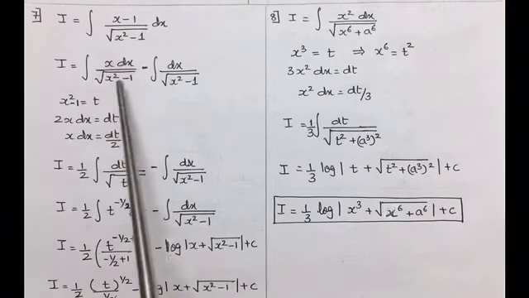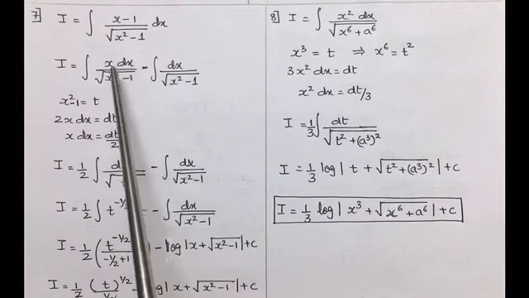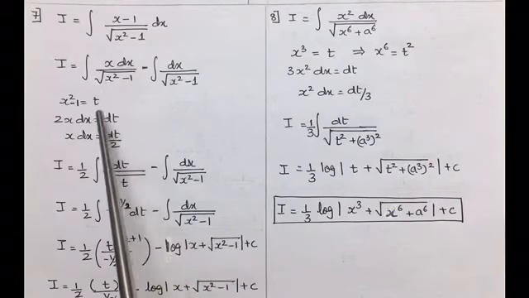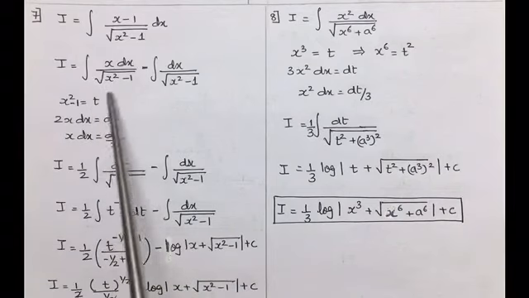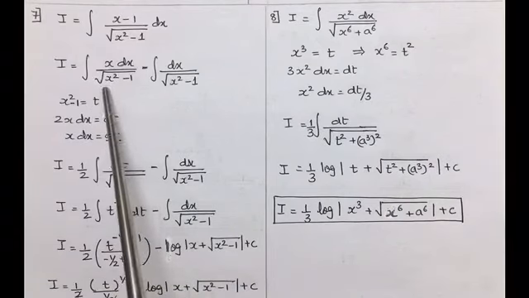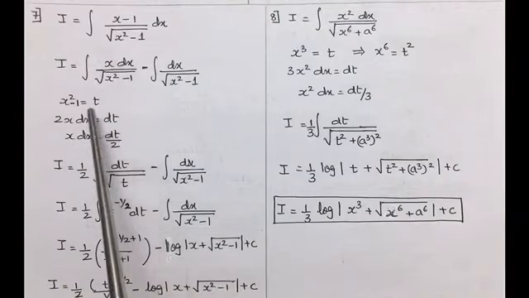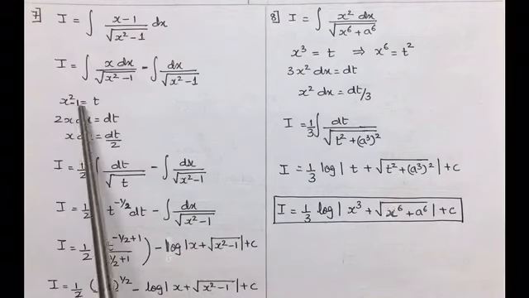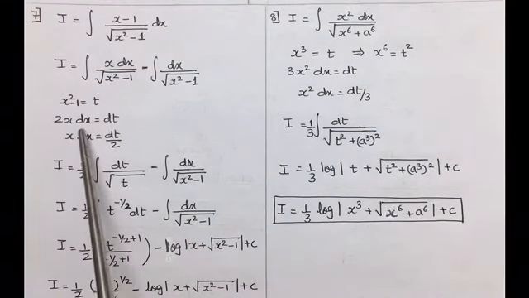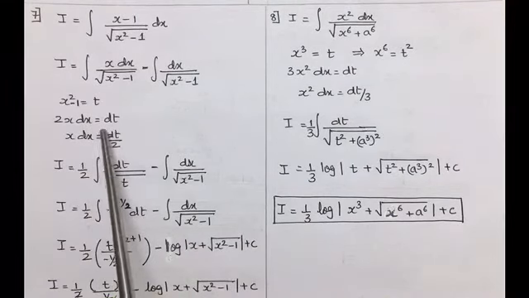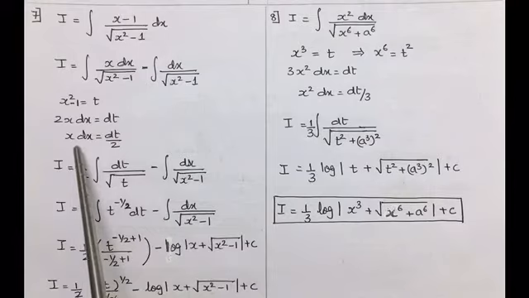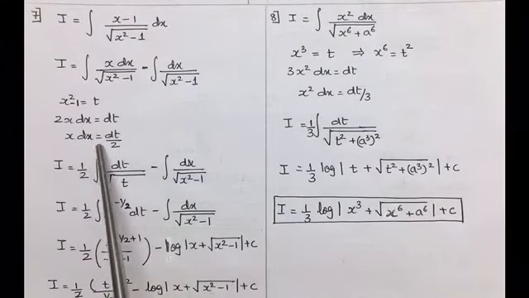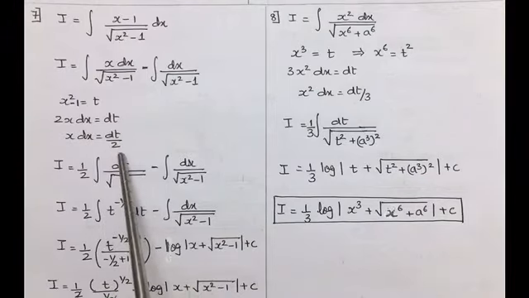Now in the first part, if we see, we know x is a derivative of x square. So what we will do here, we will assume x square minus 1 as t. And differentiating x square minus 1, we get 2x dx is equal to dt. Taking 2 to the other side, x dx is equal to dt by 2.